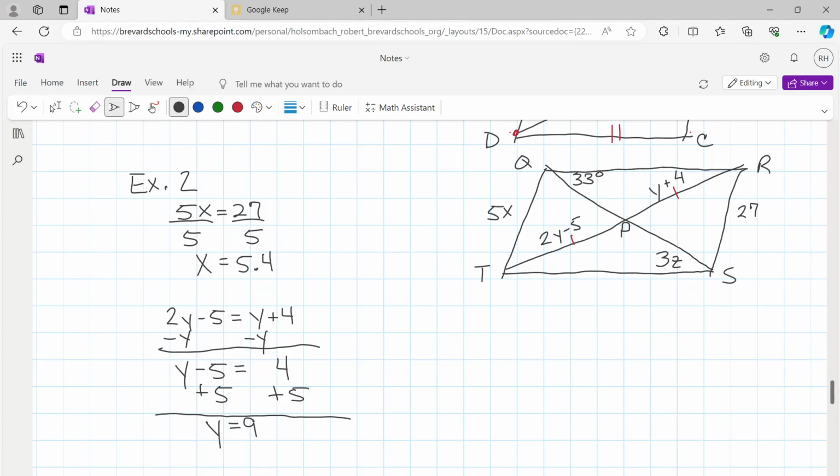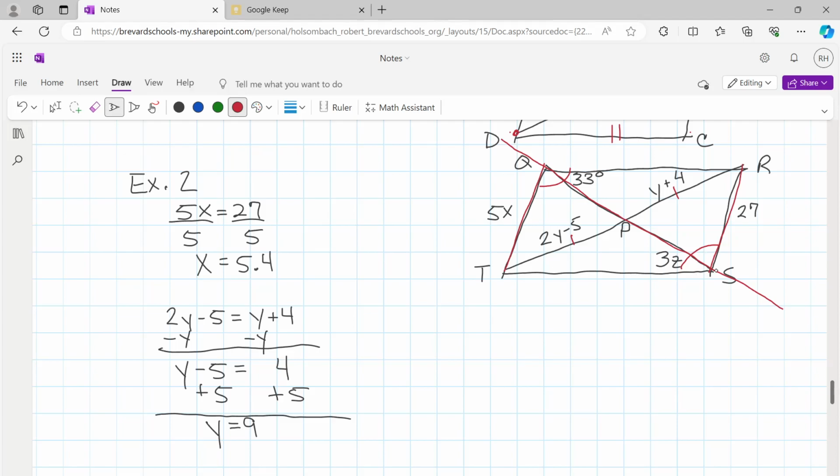All right, and then finally we have z to solve for. And we know that opposite angles are congruent. So this big angle up here is congruent to this big angle down here. The other thing that we know is if you look at QT and RS, they're parallel to each other, aren't they? And then this diagonal, QS, actually becomes a transversal.